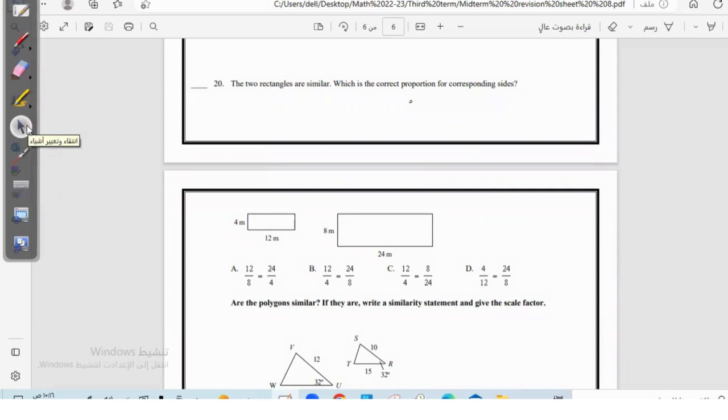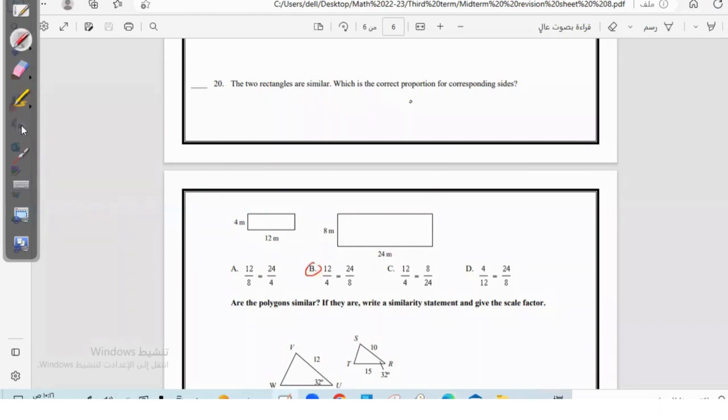If the two shapes are similar, corresponding sides are proportional. So we can say 12 over 4 equals 24 over 8, or we can say 4 over 8 equals 12 over 24. So which one is correct here? B, yes.